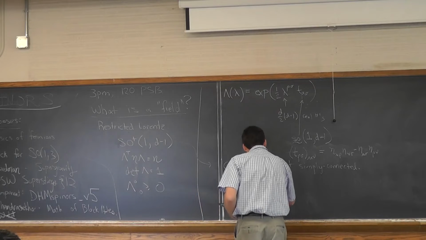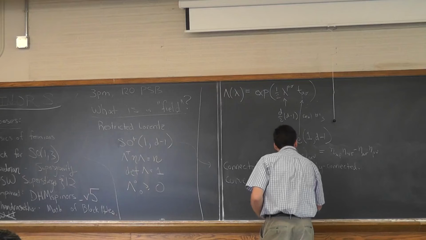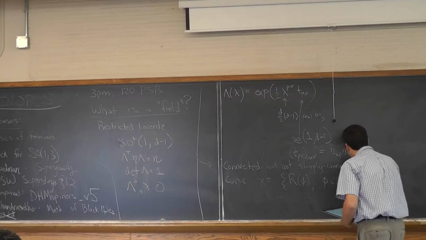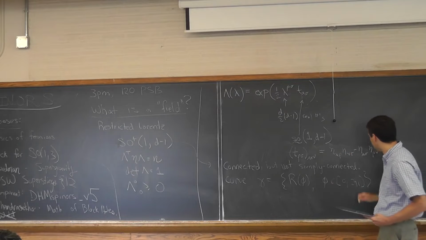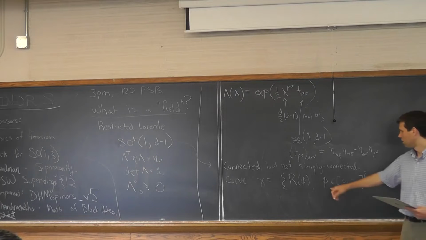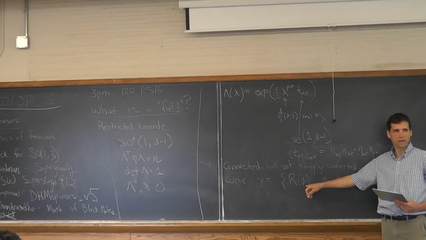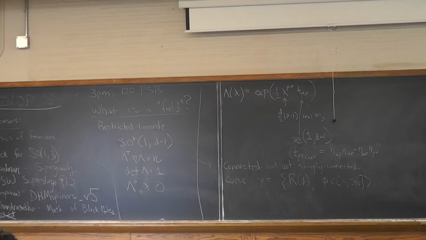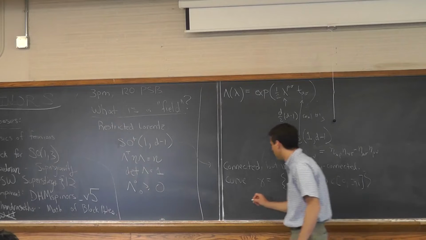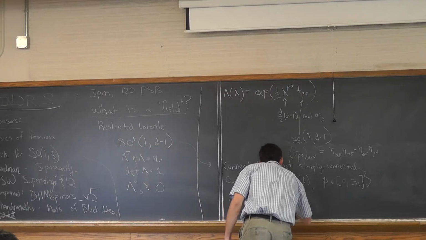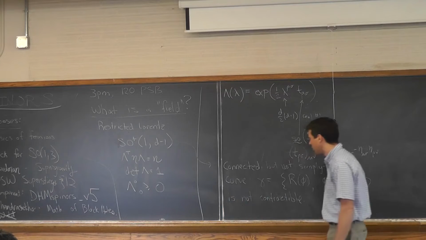The curve gamma, which is a rotation by phi, where phi runs from 0 to 2 pi, is a closed loop that starts and ends at the identity element of this group, but cannot be continuously deformed to the identity. So it is not contractible.